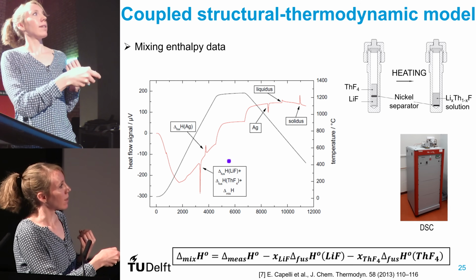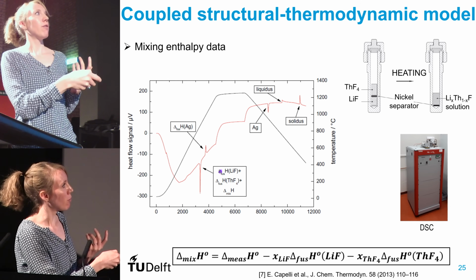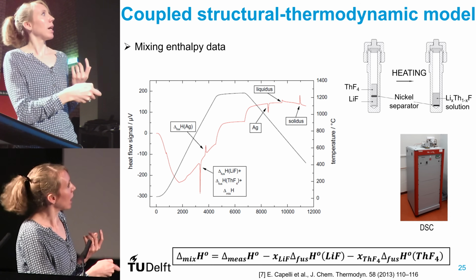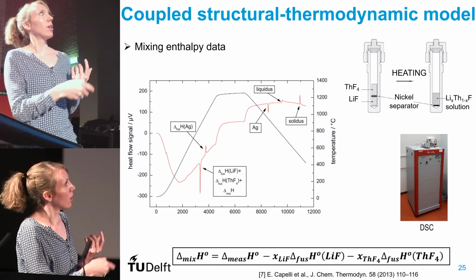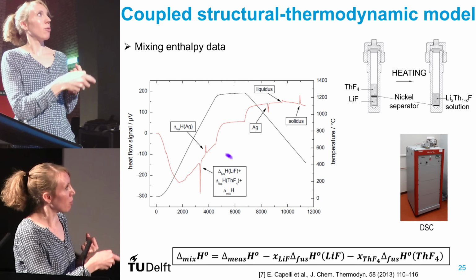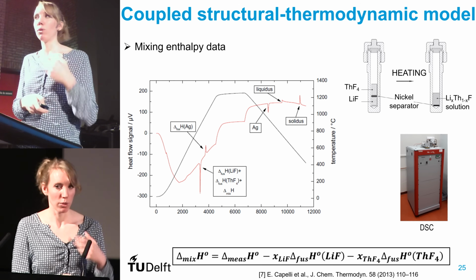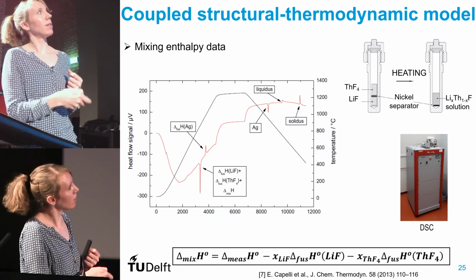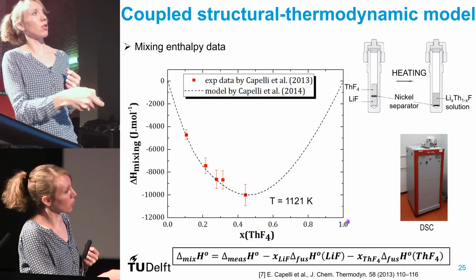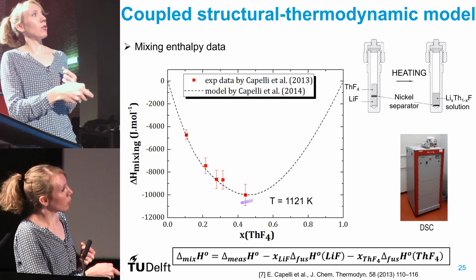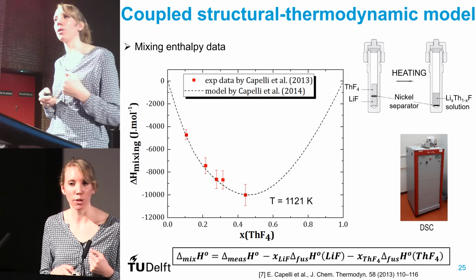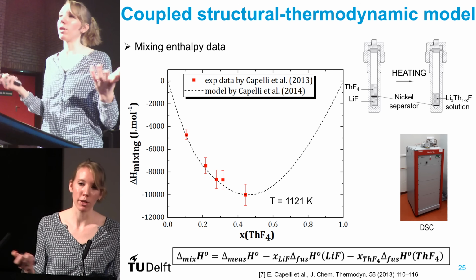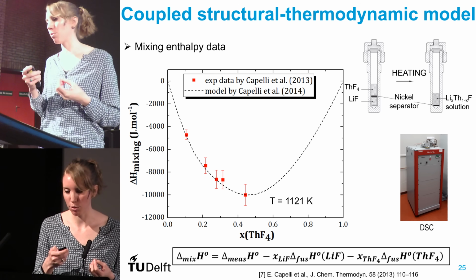And this event is then the sum of the fusion of lithium fluoride, thorium fluoride, and the mixing of the two. And with a calibration standard, we can relate this heat flow signal to the enthalpies, and we can derive mixing enthalpies. So these are the red points here as a function of composition, and in the dotted line is the model which was developed by Elisa a few years ago at JRC Karlsruhe with the quasi-chemical model in quadruplet approximation.